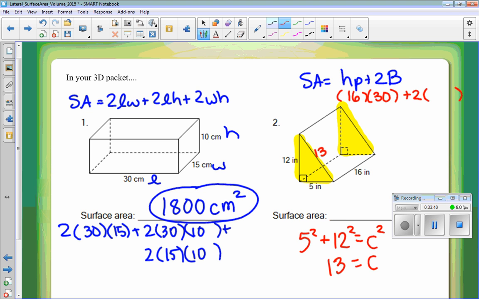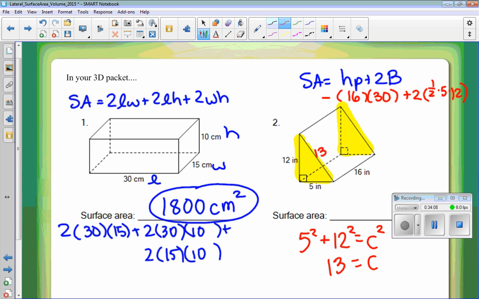Now I need to find the area of the base. What's the area? 1/2 base times height, and it's just of the triangle now, right? Just the triangle. So we have 1/2. The base of the triangle only is 5, and then the height of the triangle only is 12.